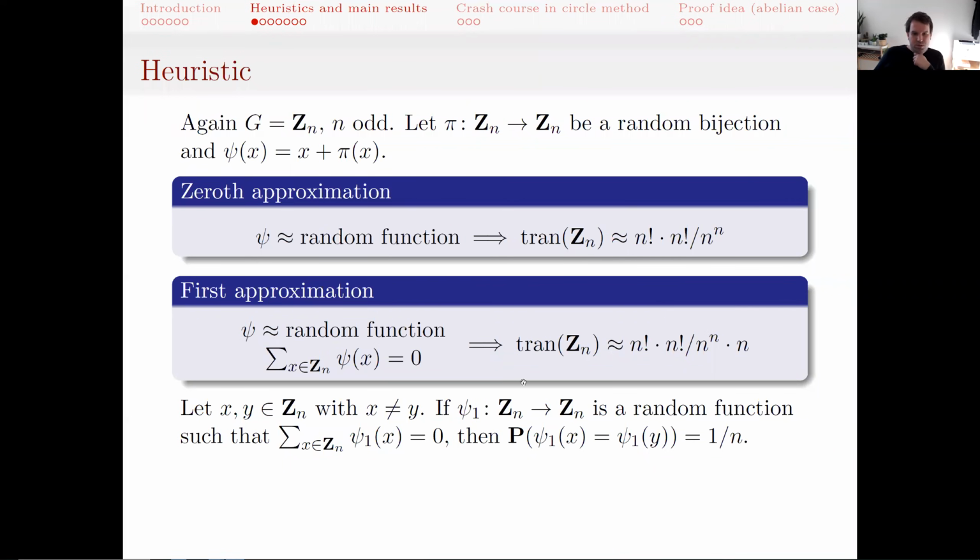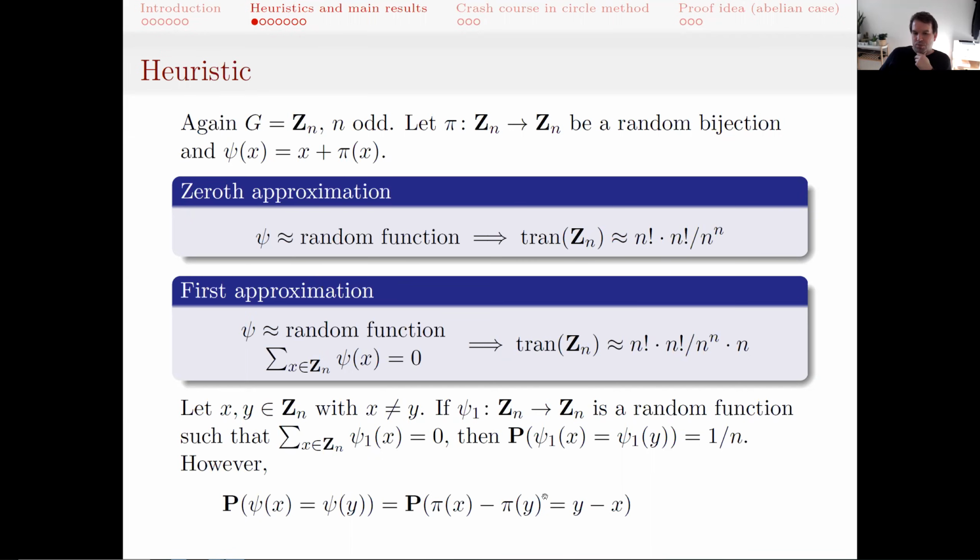But let's see what this probability is when we consider the function we are actually interested in, that would be this function psi. The probability that psi of x is equal to psi of y is the probability that this difference of phi of x and phi of y is equal to y minus x. However, we know that this difference cannot be 0 because we chose phi to be a bijection.